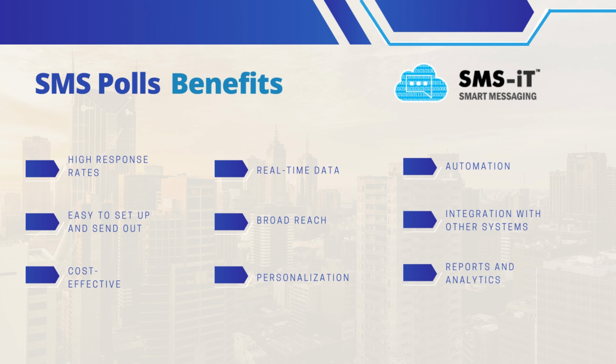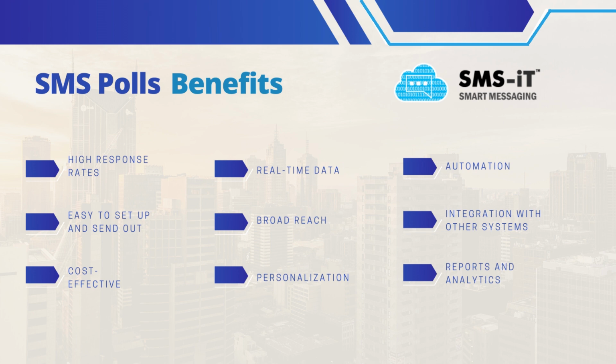Then we have personalization. SMS-iT polls allow businesses to personalize SMS polls, making it more likely that customers will respond. Then we have automation. SMS-iT can automate the process of sending out SMS polls, which can save businesses time and resources. Then we have integration with other systems.